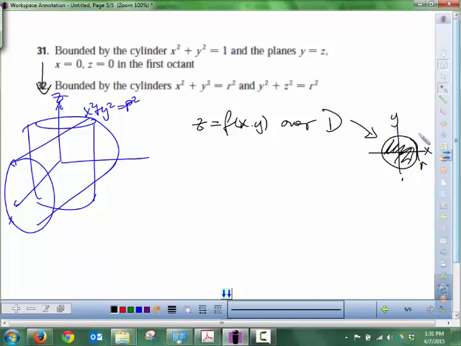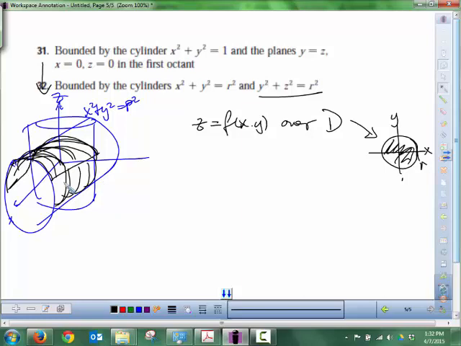Now, if that's what you're seeing on the xy plane, you have to establish what your surface function is going to look like. Well, if you imagine this, it's going to be this cylinder: just the top part of the cylinder would be the function on top, and the bottom part of the cylinder would be the function on the bottom.